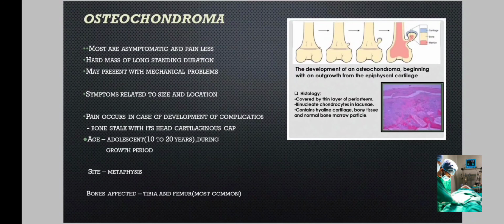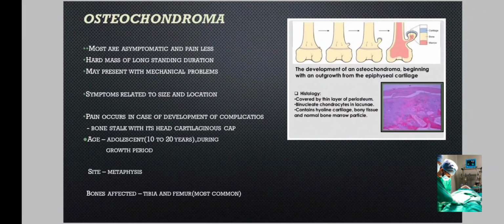What is the site of osteochondroma? It is the metaphysis. You can see from this picture the blue part, the yellow part, and the pink part. The blue part is the cartilage. So this whole growth is surrounded by a cartilaginous cap, and there is bone below that, and there is the bone marrow below that.